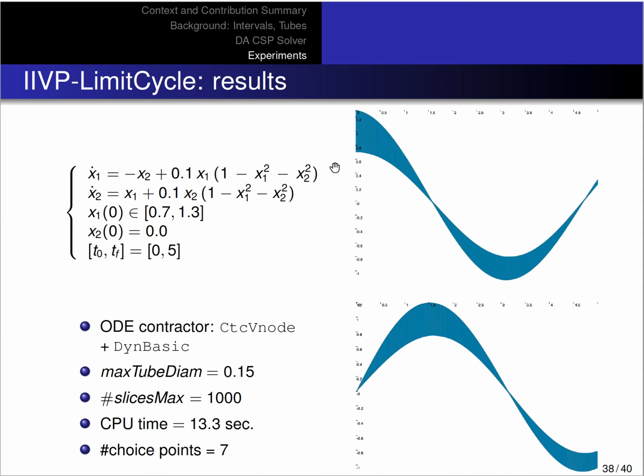Finally, the limit cycle is an interval IVP where the initial condition on x1 is uncertain, but both trajectories for x1 and x2 are thick because of the rotation of the solution over time. The ODE contractor calls CtcVNode and DynBasic. The solver requires about 13 seconds and 7 backtracks to obtain the solution tubes made of 1,000 slices.